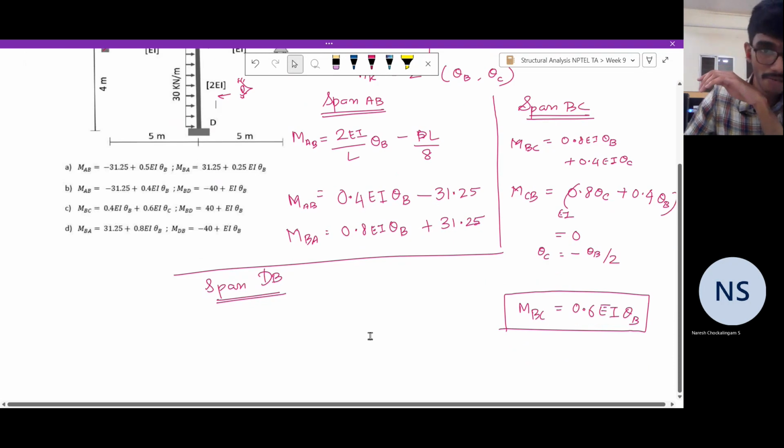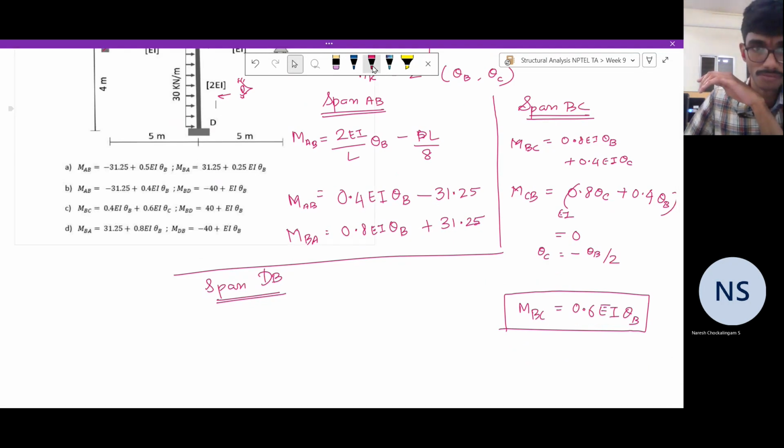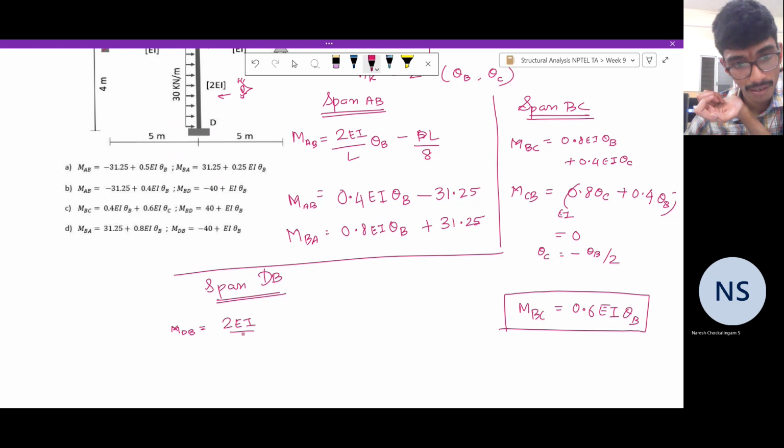So the span DB. What is MDB? MDB is equal to 4 EI by L theta D, but theta D is 0. So 2 EI by L theta B. And it is a non-sway frame. And the fixed end support reaction that is generated is minus WL square by 12.